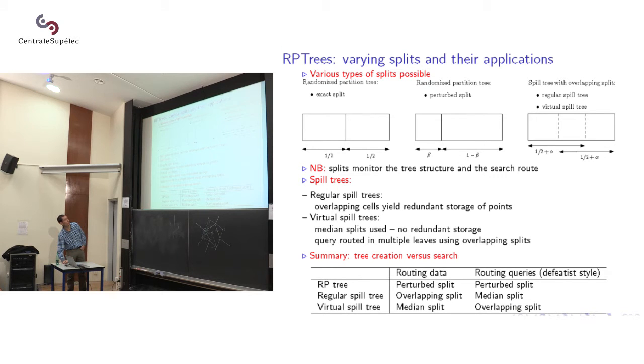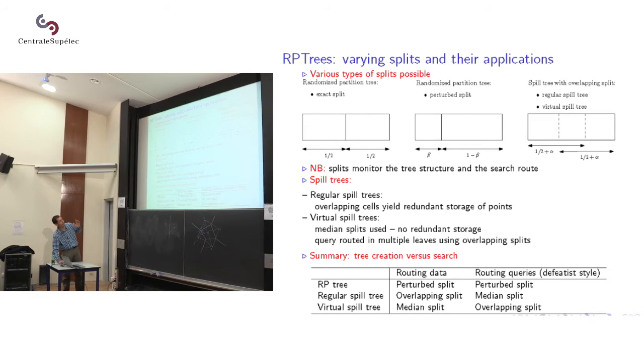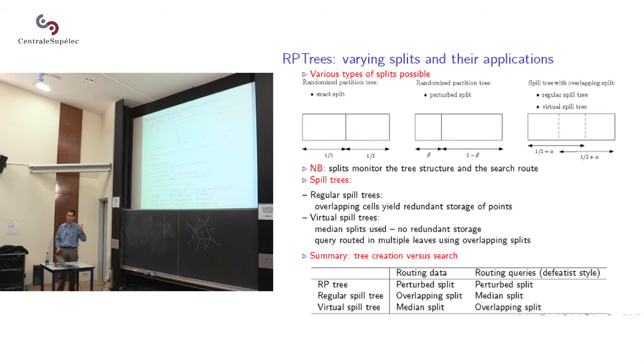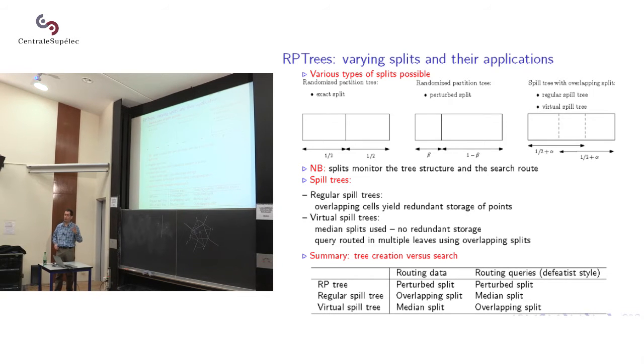So the median is here, and in the left subtree, I'm going to store all points such that in projection, these points project to the left of the median plus alpha, right? And likewise, in the right subtree, I'm going to store all points such that in projection, they project at a value which is larger than the median minus alpha.